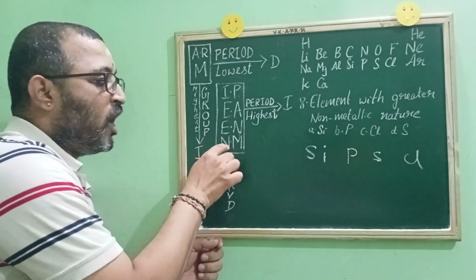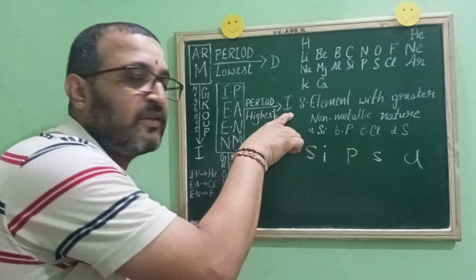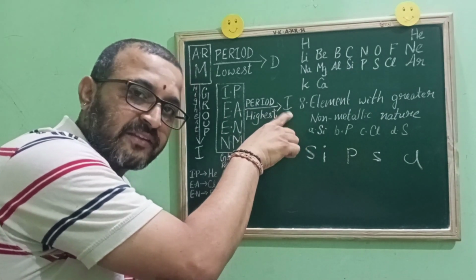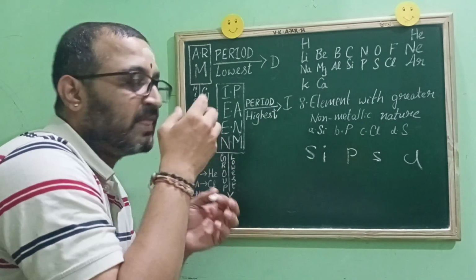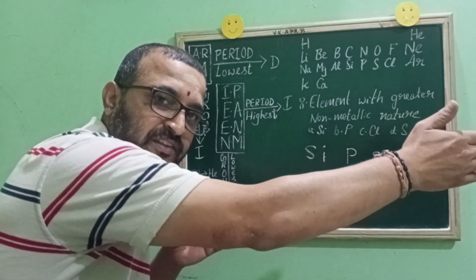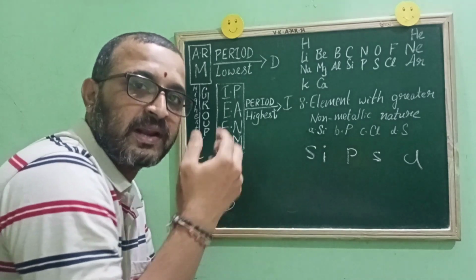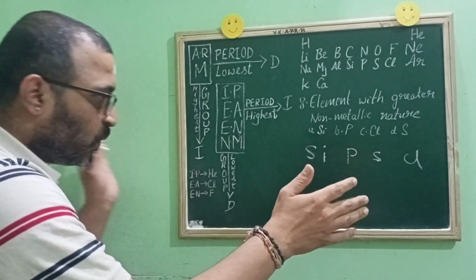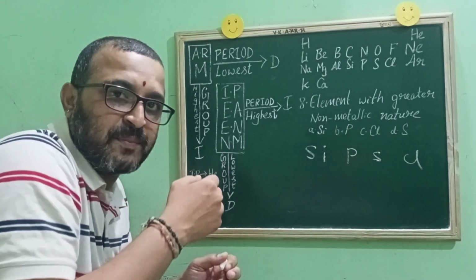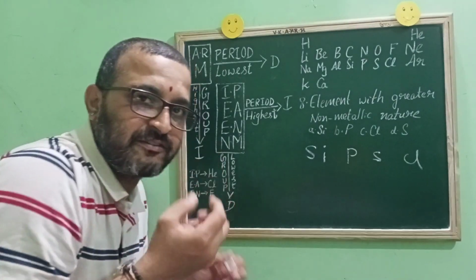Now, non-metallic nature, across the period it is going to what? Increase. The meaning of this is, the one which is on the right side of the periodic table has a greater non-metallic nature, and the one which is on the left side has a lesser non-metallic nature.